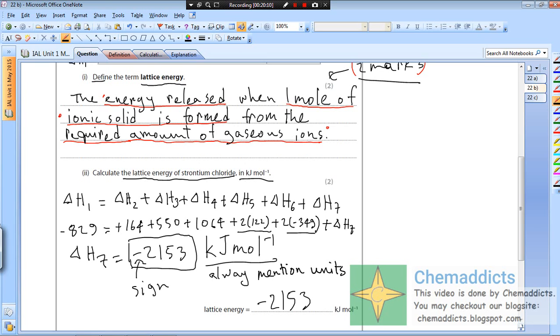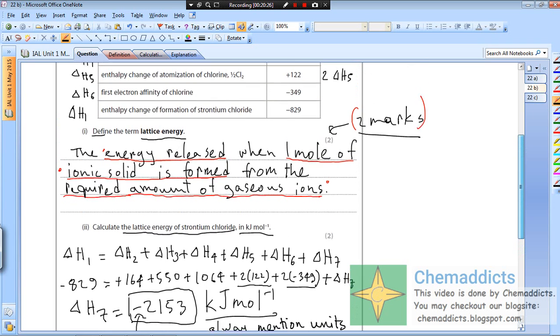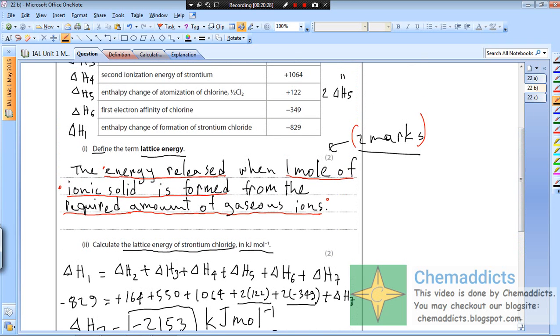So once again, let me repeat this once again. In here, don't forget to multiply this thing with 2 and this thing with 2, since this doesn't happen in 1 mole. Here 2 moles of fluorine atoms are formed.